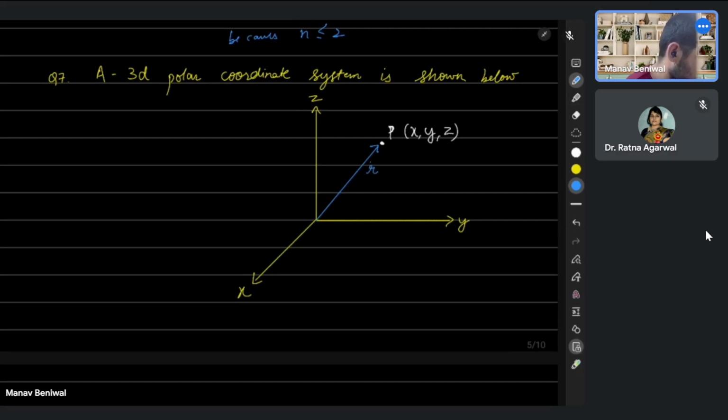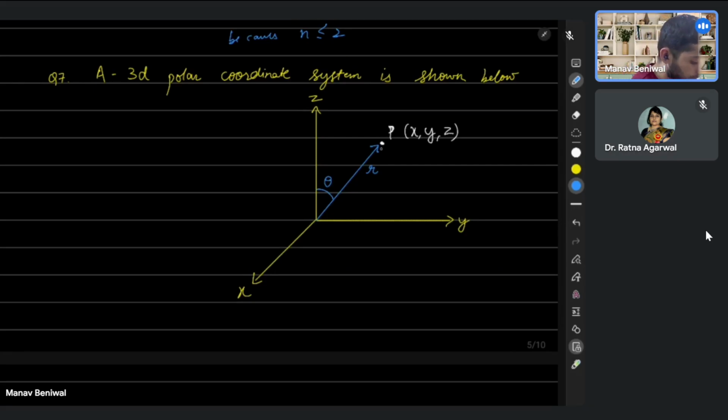This is r, which just joins the origin to the point P. Now this r will make some angle with the z-axis, and that angle is known as theta.